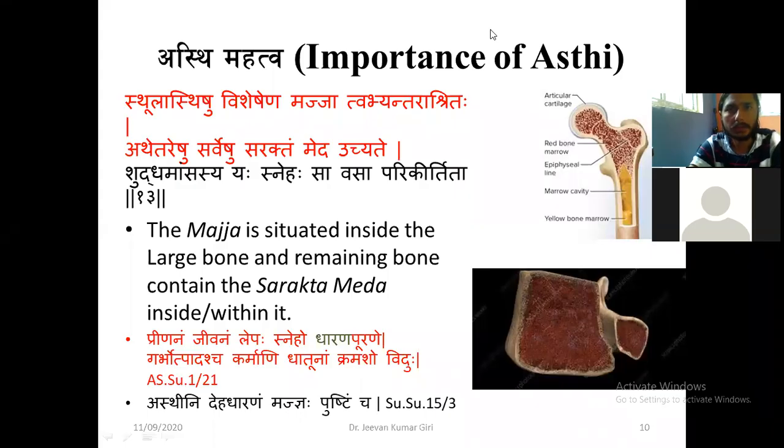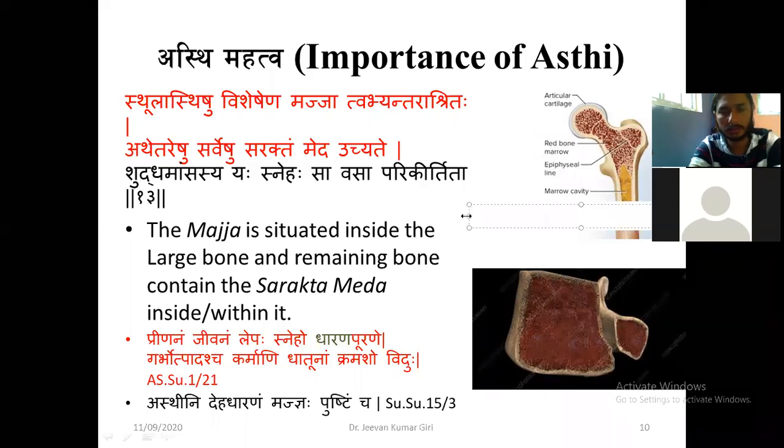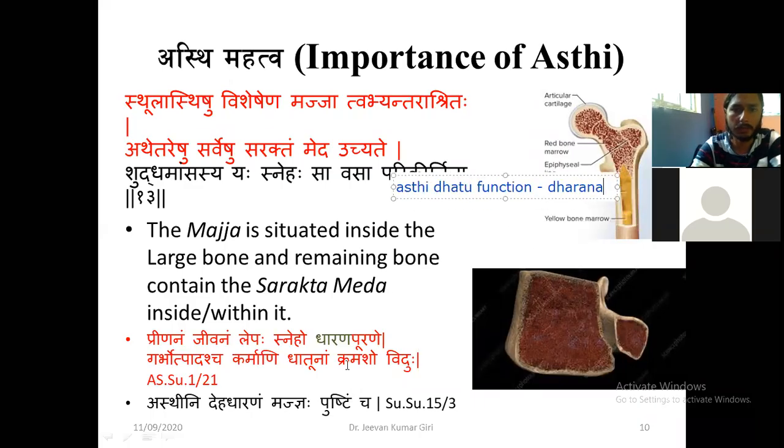This is the only required point for us, so I am writing this one. So this dharana is for asthi dhatu. Now purana is for majja, and garbhotpada is for shukra. So these are the works of the 7 dhatu respectively. So karmani dhatunam kramasho vidu. Just remember, dharana is the function of asthi.